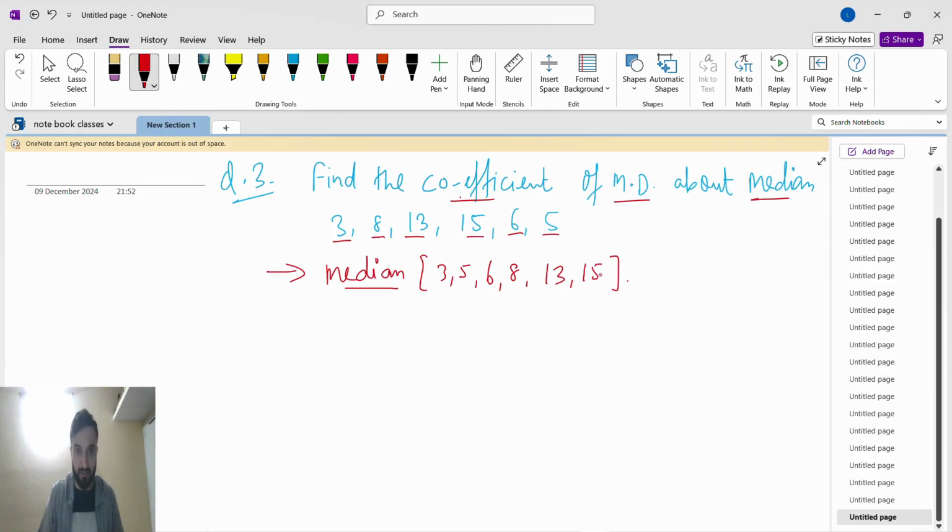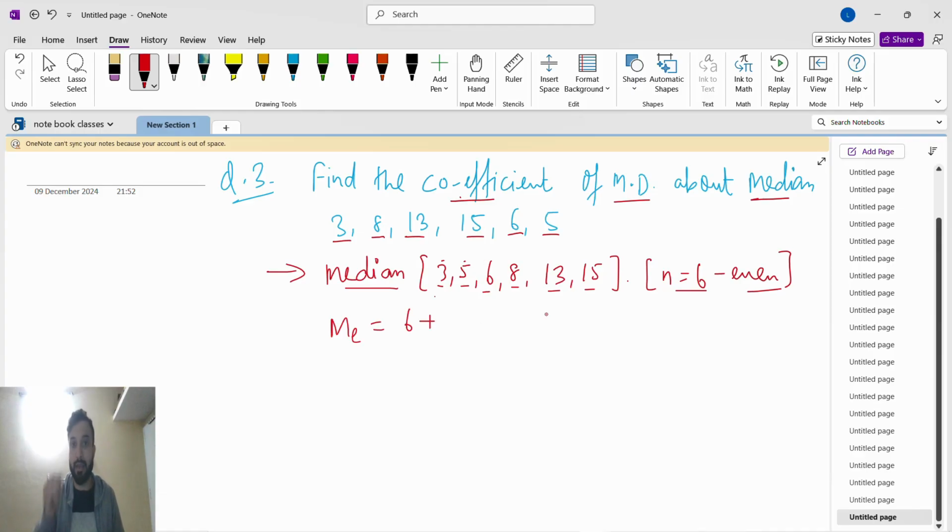Okay, 3, 5, 6, 8, 13, 15. After that, we have to find the n. So n is 1, 2, 3, 4, 5, 6. N is 6. So 6 is even. So for median for even, guys, n by 2. So 6 by 2 is third. Third value is 1, 2, 3, 6.